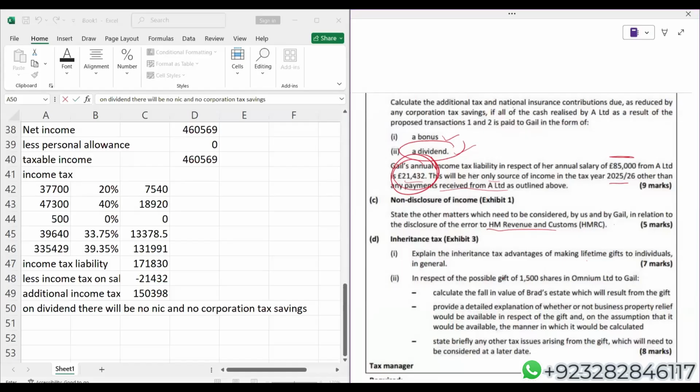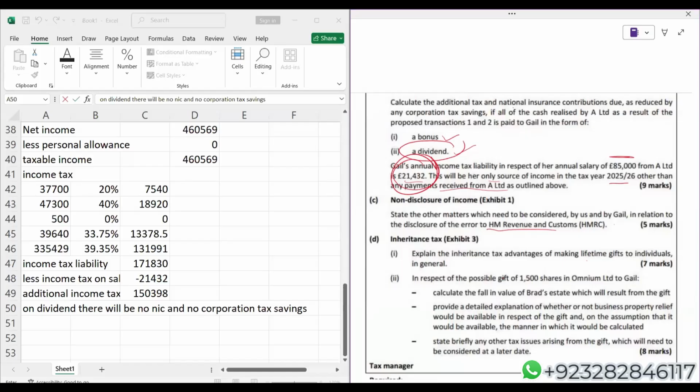Another advantage, no matter after the gift was given during the lifetime that the value of that asset has increased, that increase in the value will be ignored on death tax. That is also an advantage. If the value reduces, then fall in value relief will be available on death tax, but increase in value will be ignored. That is another benefit.